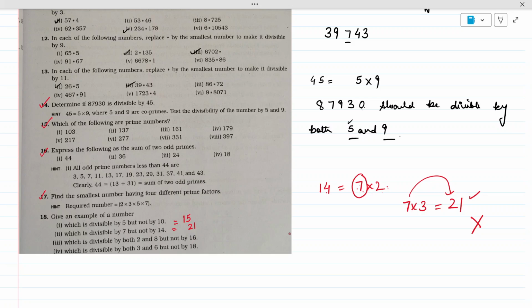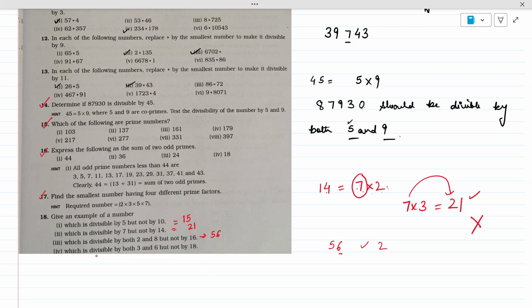In this case, let us try with the number 56. Since the last digit is 6, that means it is divisible by 2, right? And then coming to 8, we have 8 multiplied by 7, we will get 56. So it is divisible by both 2 and 8, but it is not divisible by 16, right? So 56 is the example of this.